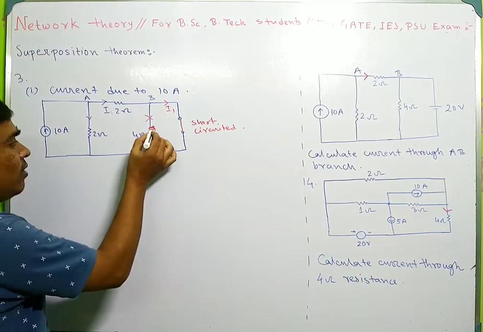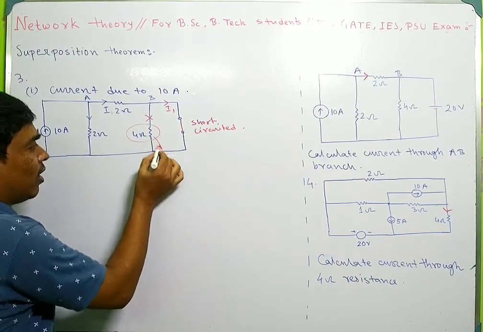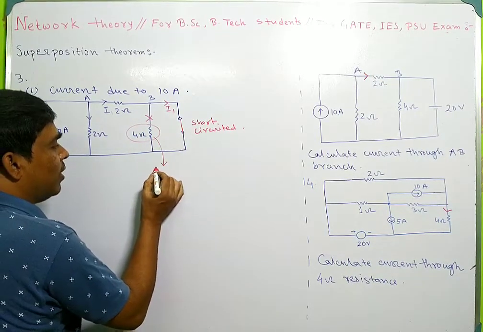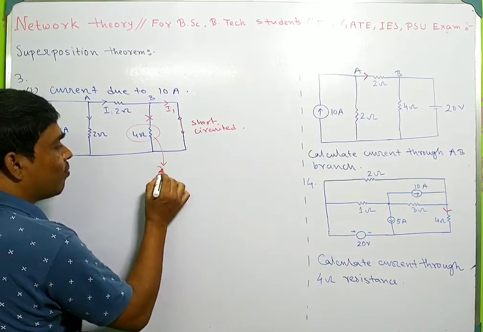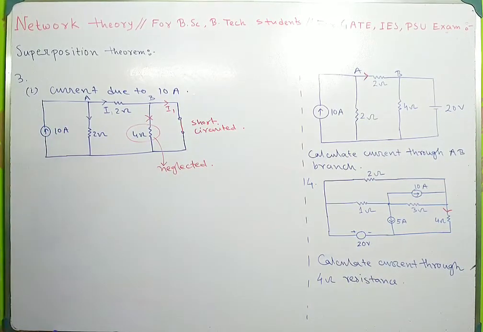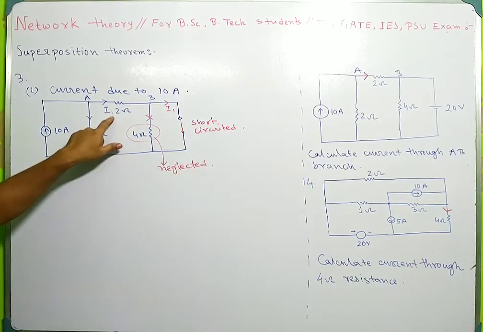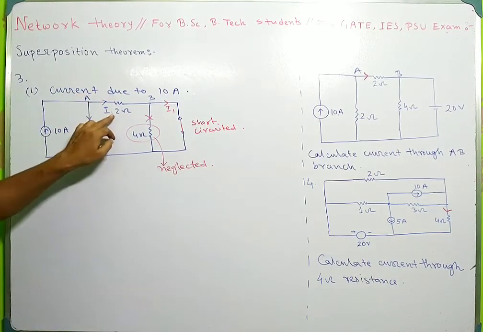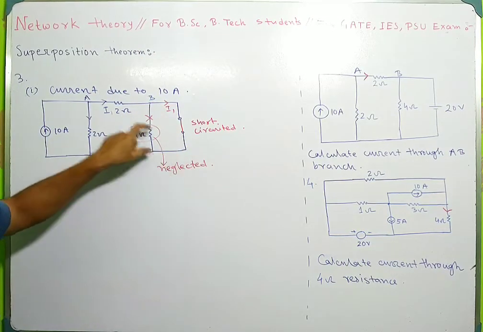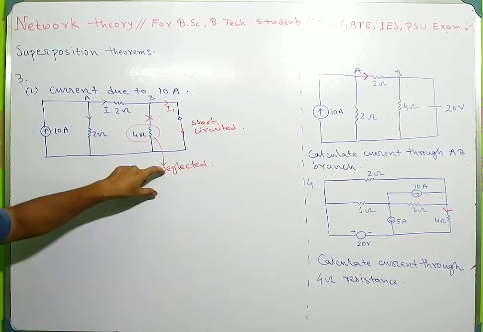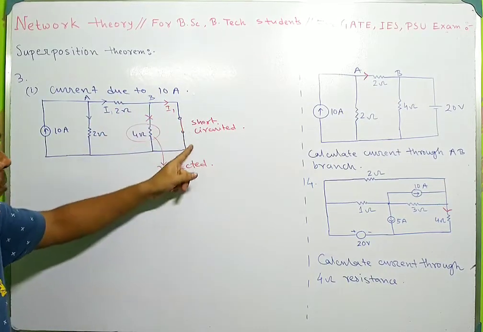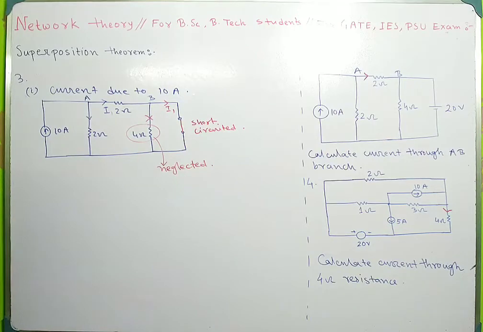So for this reason, the 4 ohm resistance can be neglected for calculating I1. When I1 is divided between 2 paths, this path contains no resistance and this path contains a 4 ohm resistance. That's why no current will pass through the 4 ohm resistance. The total current will pass through this short circuited path.